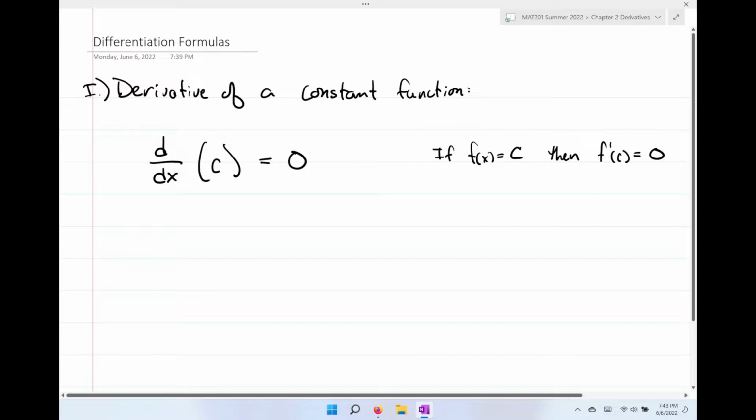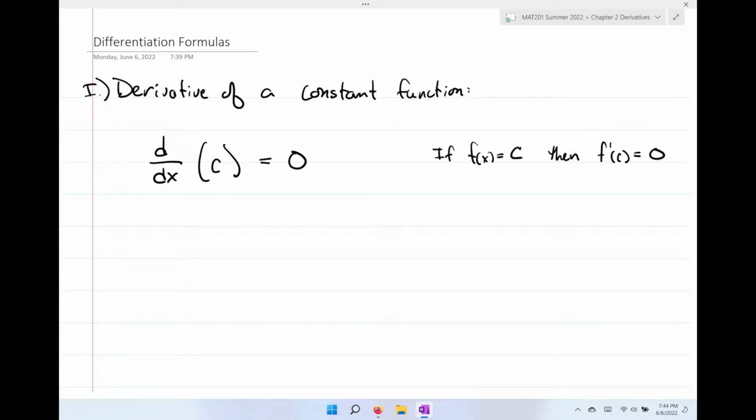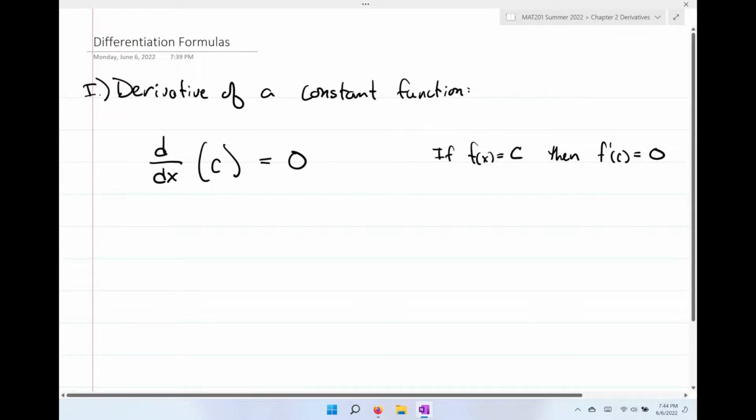Now, if you think about this, and I think it's easier to look at this in terms of Newton rather than Leibniz. So, if you recall, f of x sometimes is just a really fancy way of writing y equals c. Now, let's say y equals 5. Well, we know, according to the xy Cartesian coordinate plane, that is nothing more than a horizontal line, 1, 2, 3, 4, 5, at y equals 5.